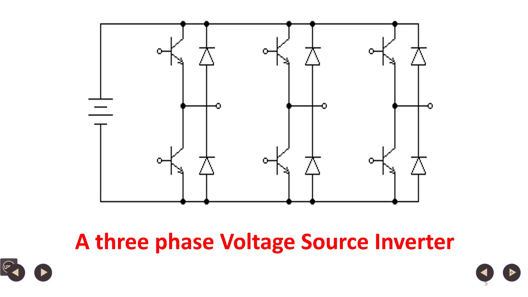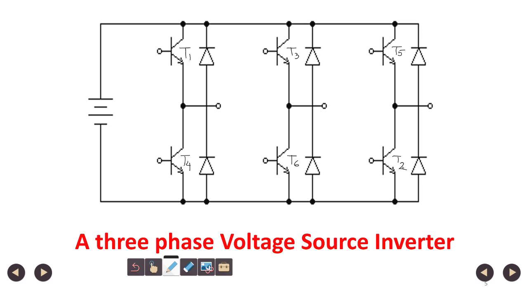So, this is the circuit diagram of a 3-phase voltage source inverter. So, there are switches like T1, T3, T5, T4, T6 and T2.